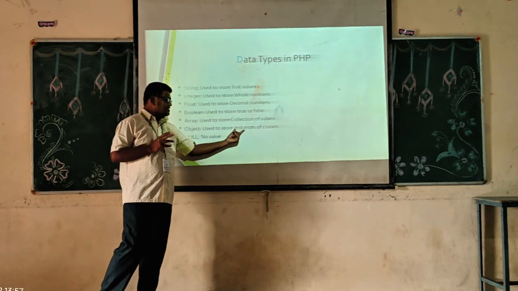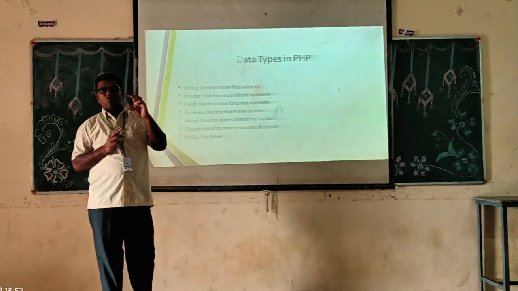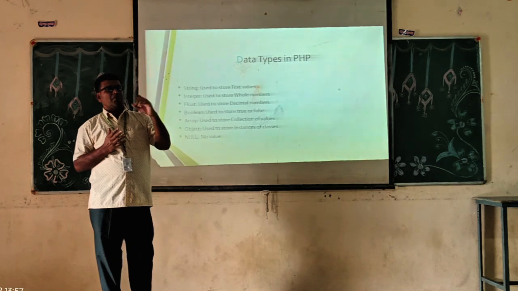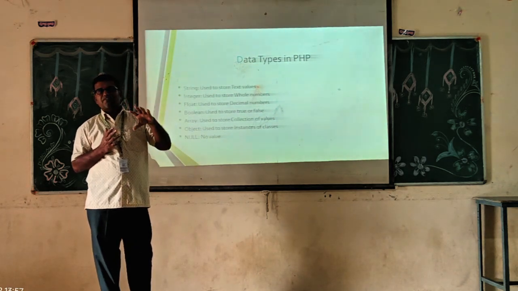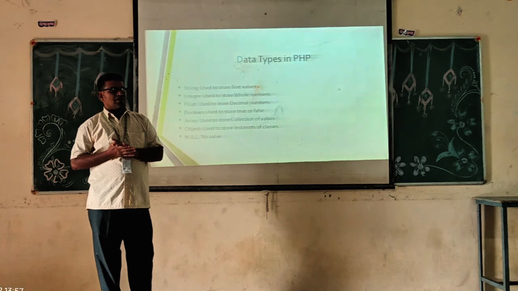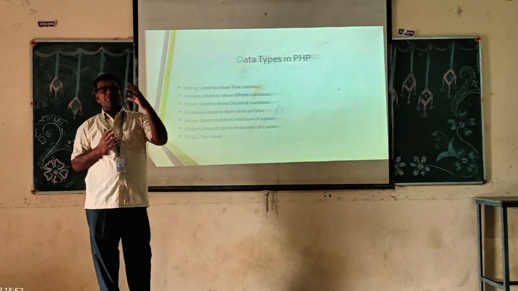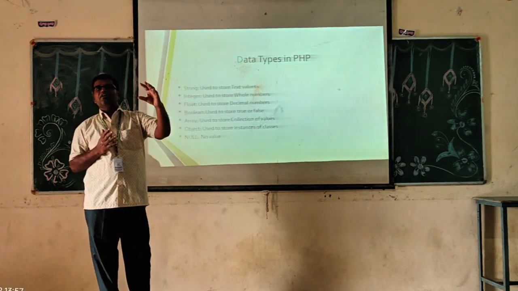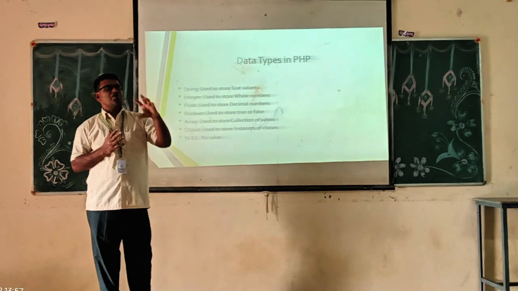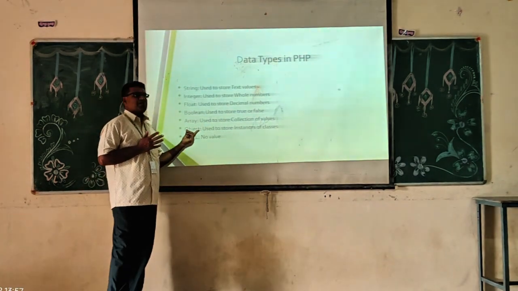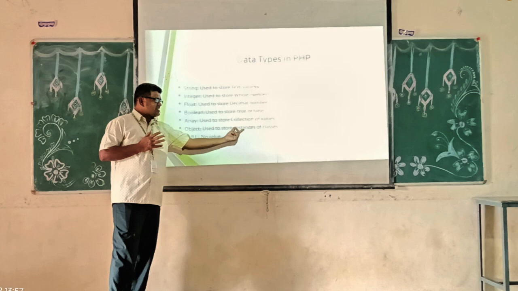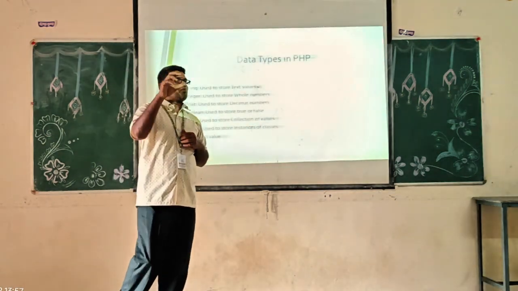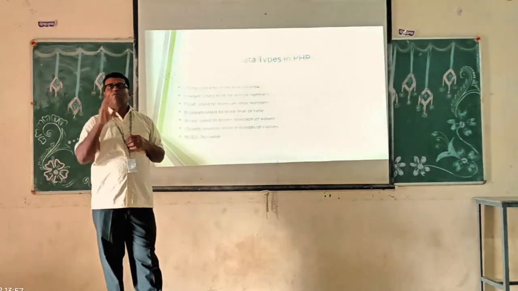Object stores an instance of a class. So do you know what a class is? A class is nothing but member variables and member functions. So an object means an instance of a class. It derives the variables and functions for one object. We can derive the member variables and member functions using one object.